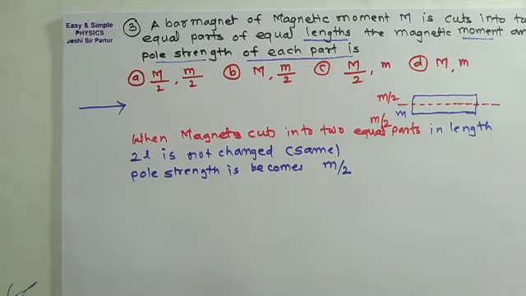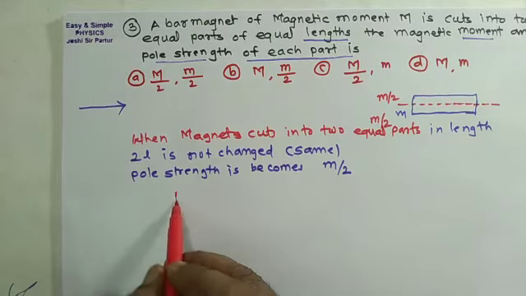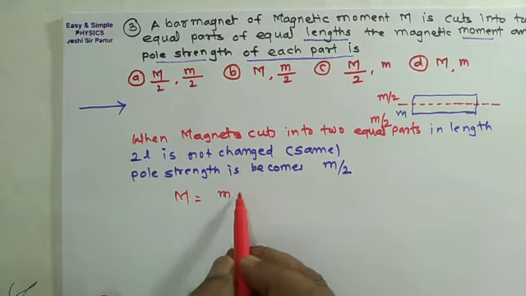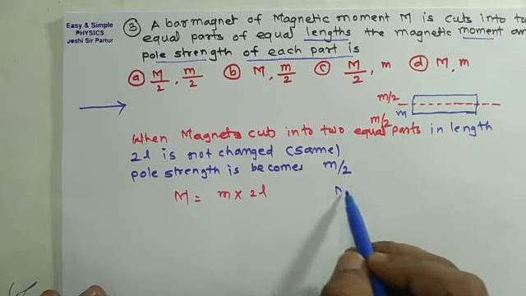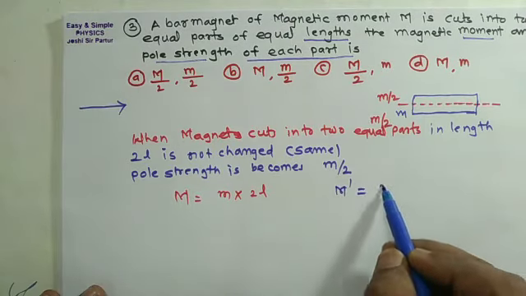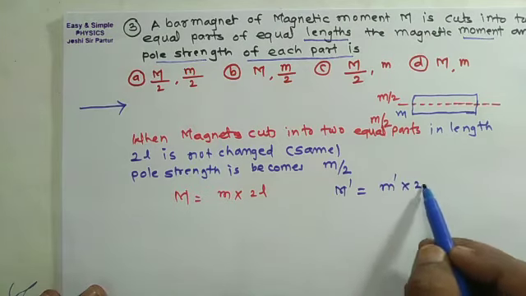But we can find out magnetic moment, so that magnetic moment is equal to magnetic pole strength multiplied by magnetic length. So the new magnetic moment for each part becomes m dash into 2L.